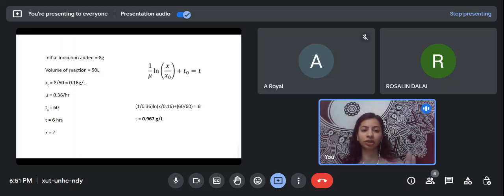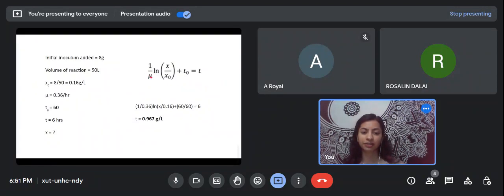So you manipulate it to figure out the final concentration in this case. Since we know the time, what we need to find is the x, right? So you can note down this formula.